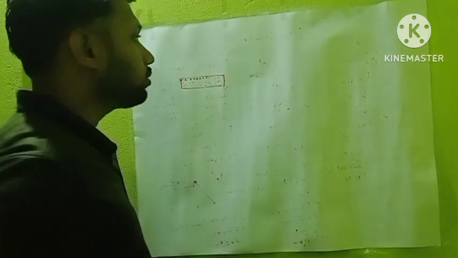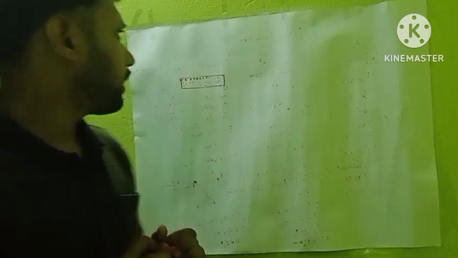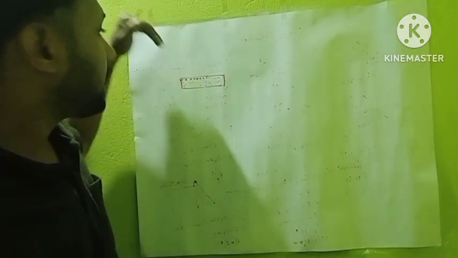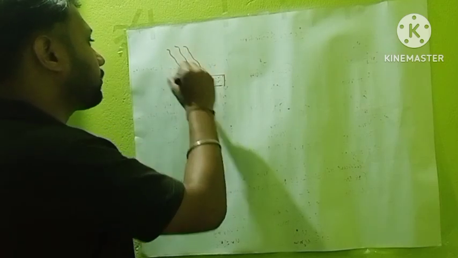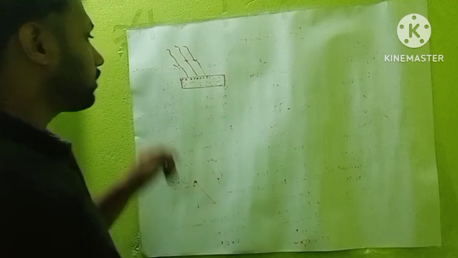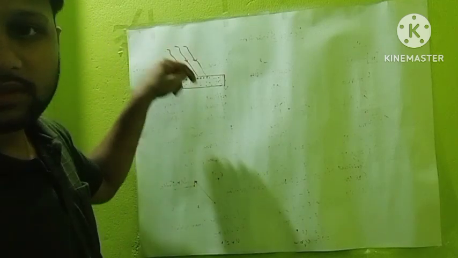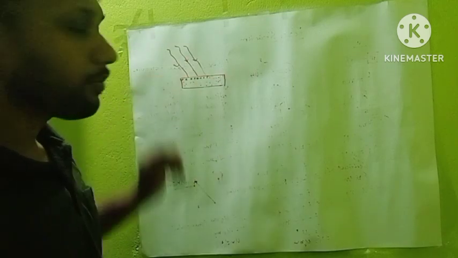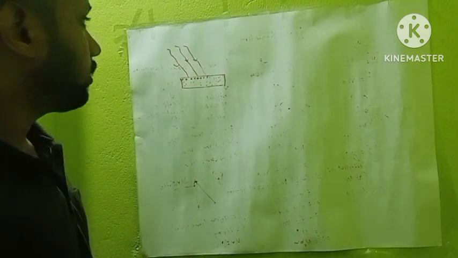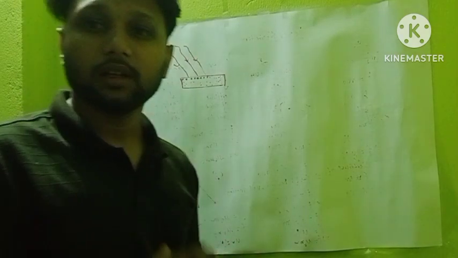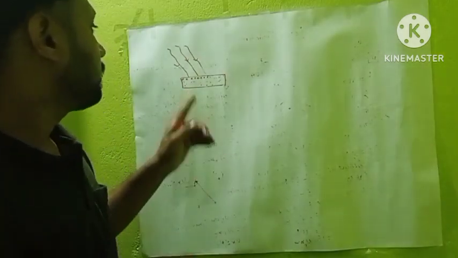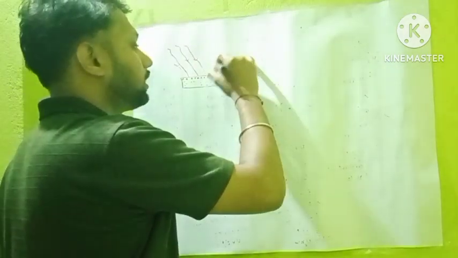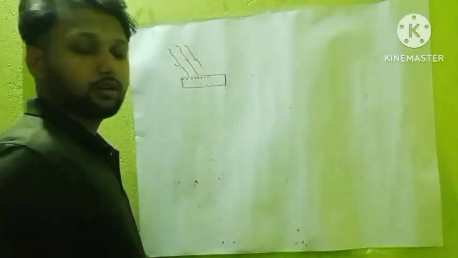So the photoelectric effect is this: whenever we induce light, meaning there are light rays falling on the surface of the metal plate, and gradually the frequency of the incident light rays is increased, we saw that electrons were released from the surface of the metal plate.